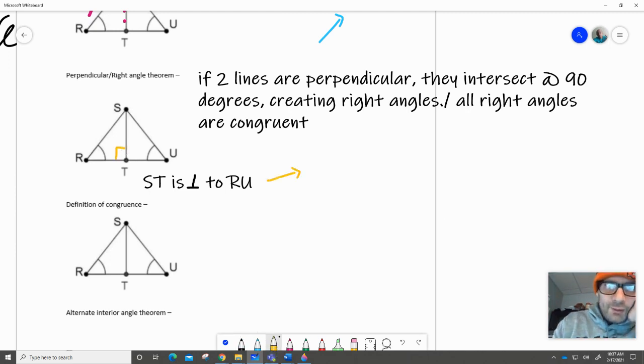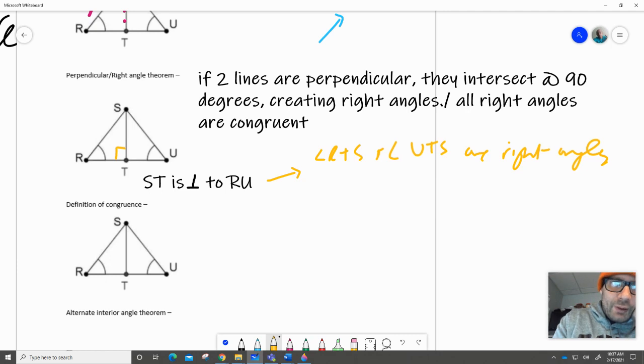The symbol for perpendicular is like an upside down T. If they say ST is perpendicular to RU, we can say that angle RTS and angle UTS are right angles, by the definition of perpendicular.